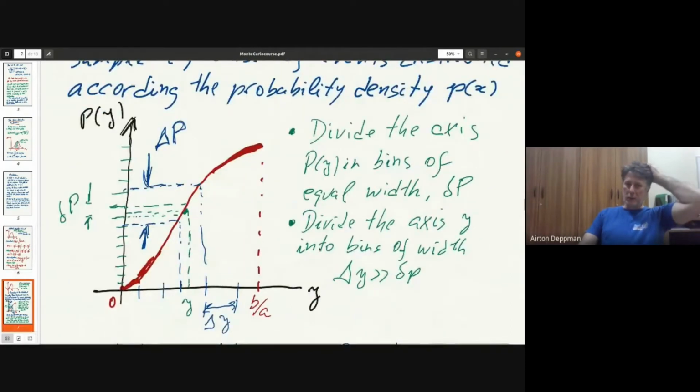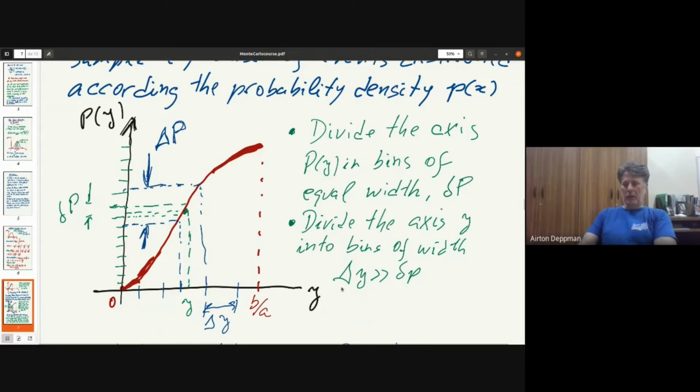The idea is the following. I have plotted the cumulant here, just in the region where we want to sort the distribution, because it's 0 below 0, and it is 0 also above b over a.